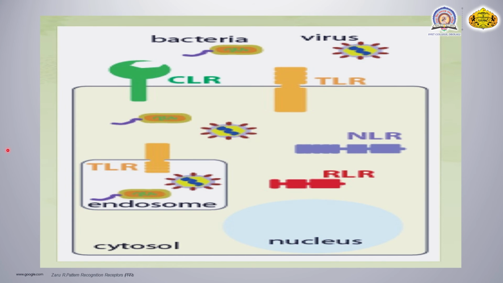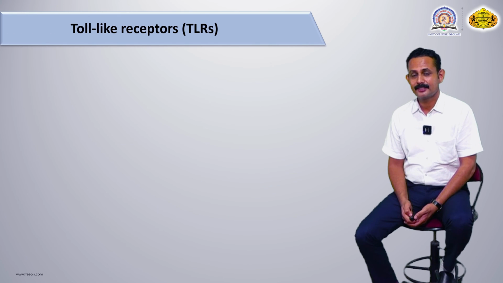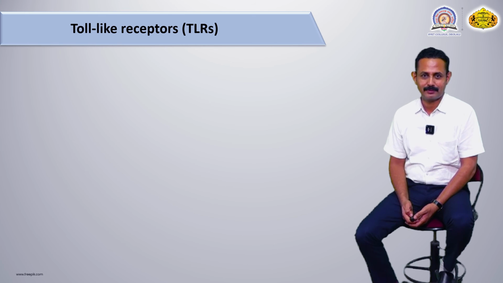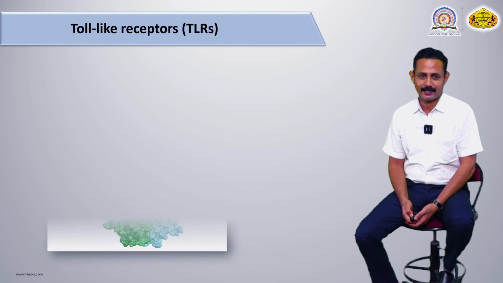Now this is the location of these different types of receptors. So this is a toll-like receptor, this is a CLR, this is an endocytic receptor. This CLR and TLR are the transmembrane receptors, and this is an RLR. So these are the cytosolic types of receptors. Now let us see one receptor in detail, the toll-like receptor or TLR.